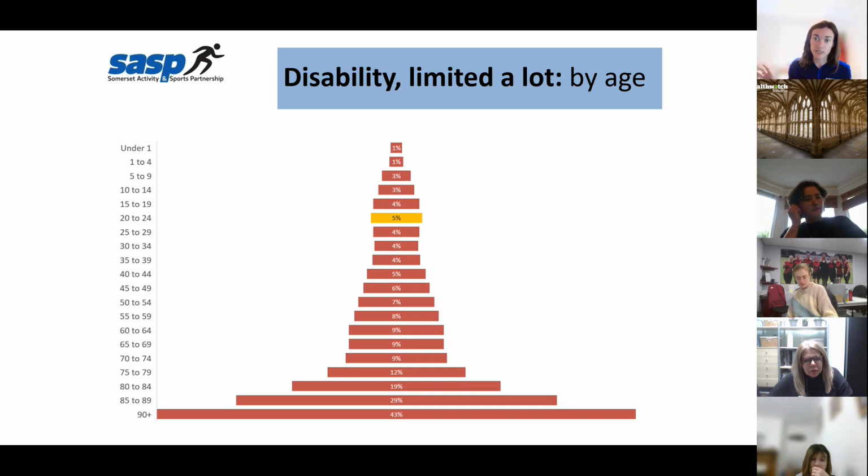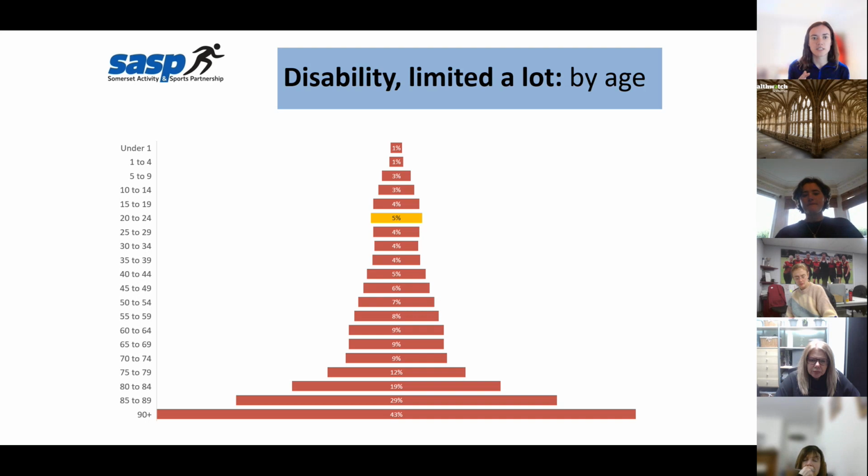We saw that across England and Wales, but we're also seeing this in Somerset. Usually what we would see with this graph is more of a triangle, but what we are seeing is a bit more of a curvature now in the early 20s, which is not something that we've seen that much in these types of graphs.